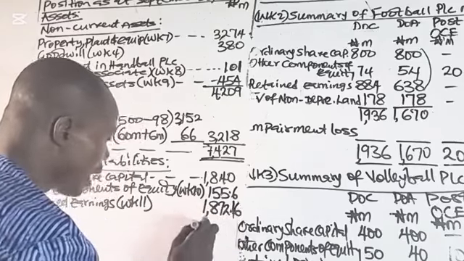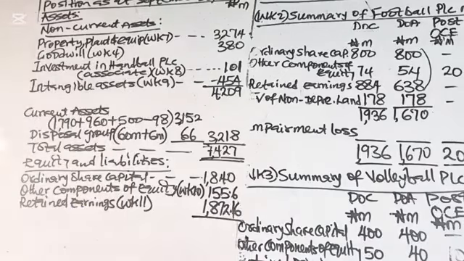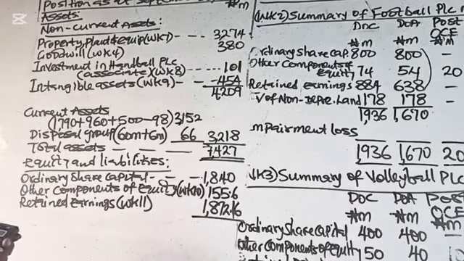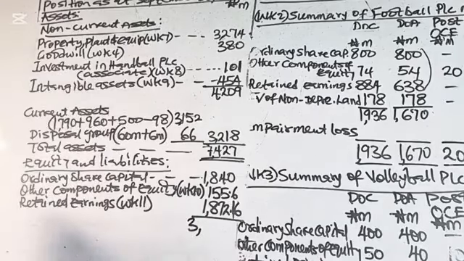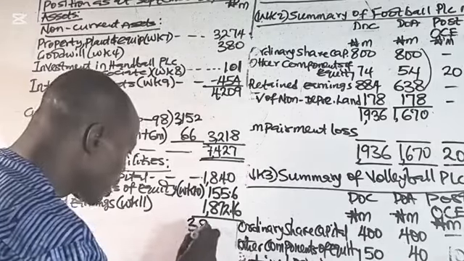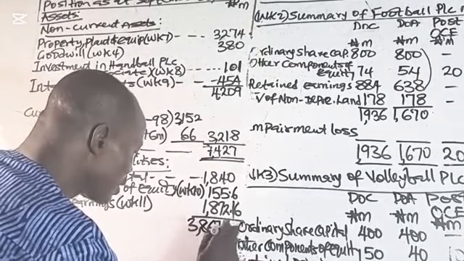Now, let's sum up the equity attributable to the owners of the parent. 1,840 plus 155.6 plus 1,872.16. So we have 3,867.76.